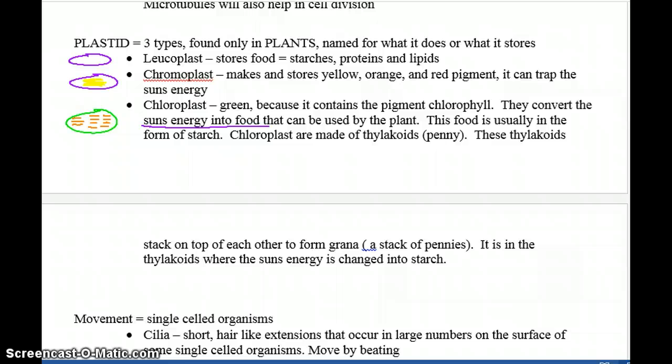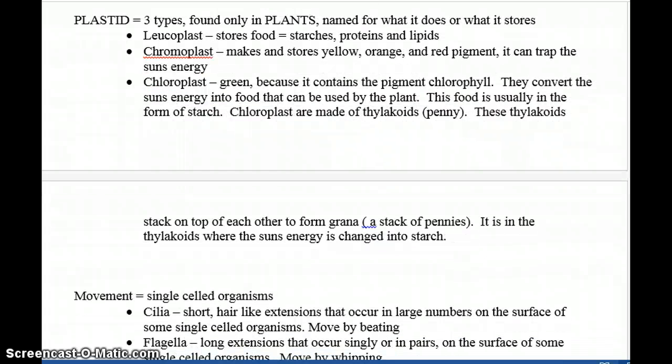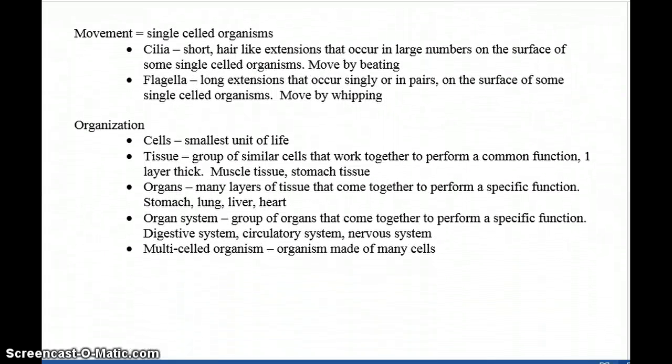The last few parts we are going to talk about are going to be parts that are found only in unicellular organisms. We have our legs to move around. Unicellular organisms, they don't have legs, they have cilia or flagella. Cilia are short hair-like extensions.